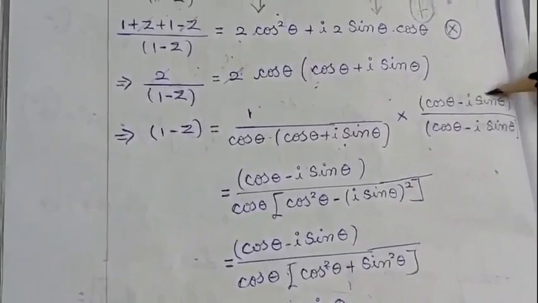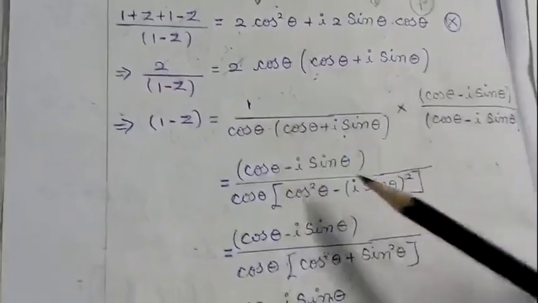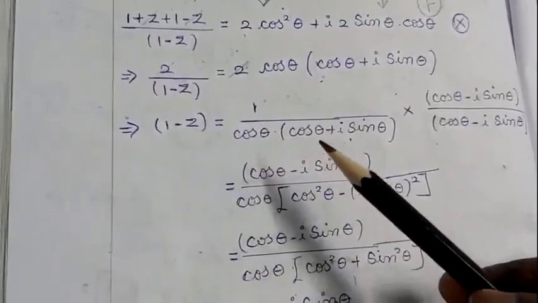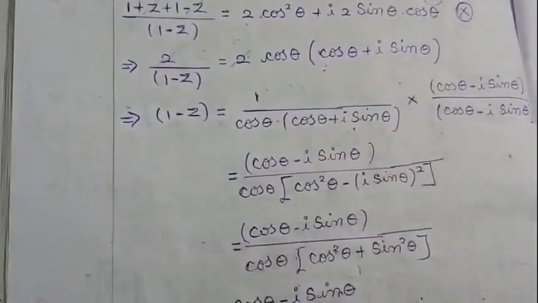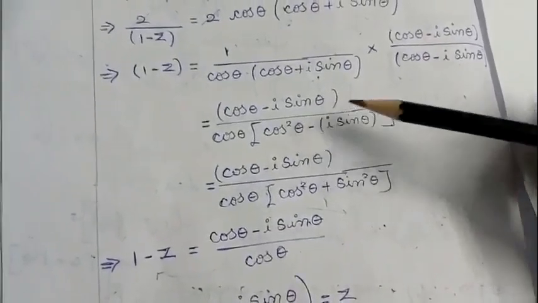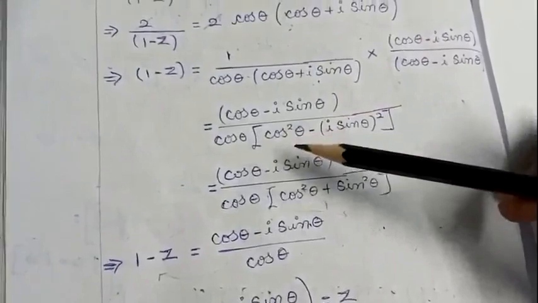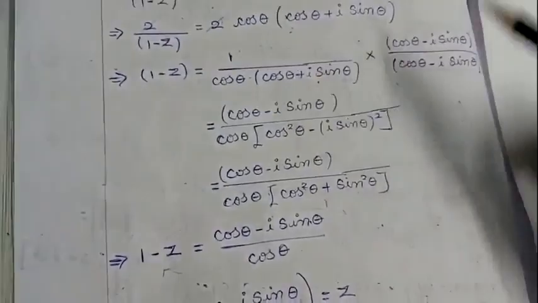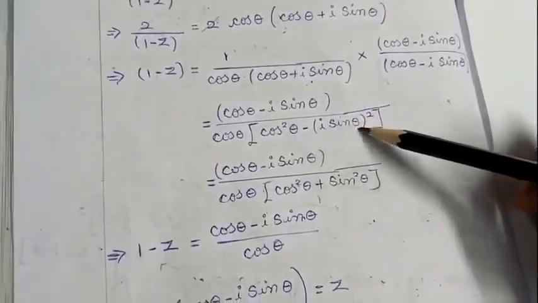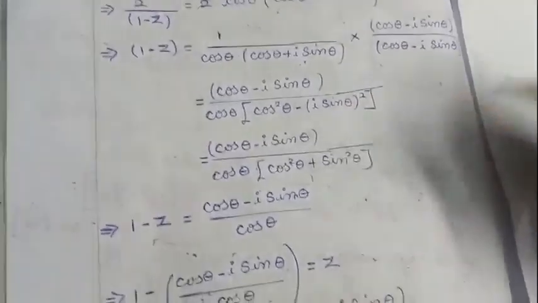Divide and multiply. I am just going to do my calculations only on my right hand side part. Cos theta minus i sin theta divided by cos theta into, that is a plus b into a minus b, so this can be written as a square minus b square. What is the value for i square here?